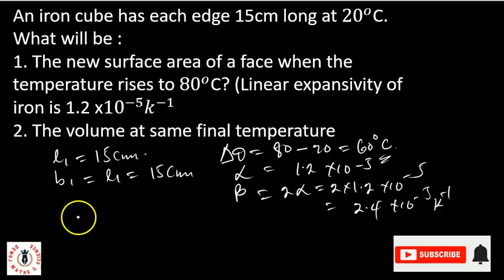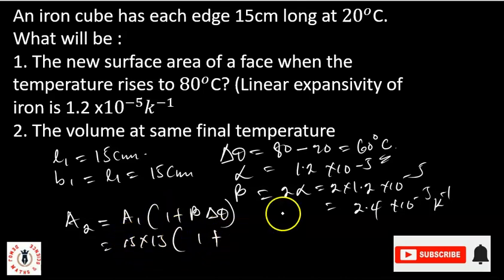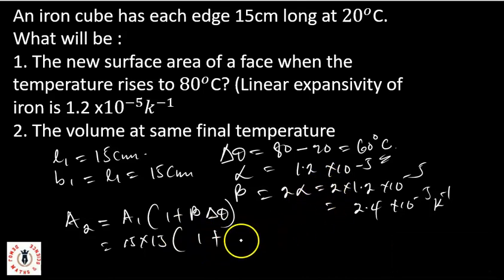So my final area of this object will be A1 into 1 plus beta change in temperature, which is equal to 15 times 15 into 1 plus 2.4 times 10 raised to the power minus 5 times 60.